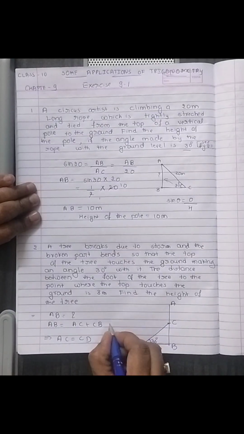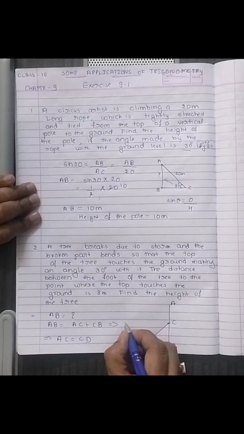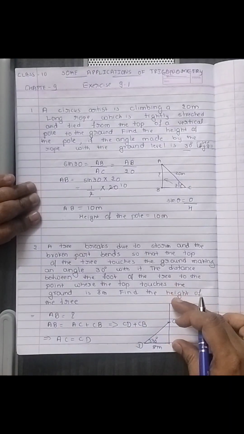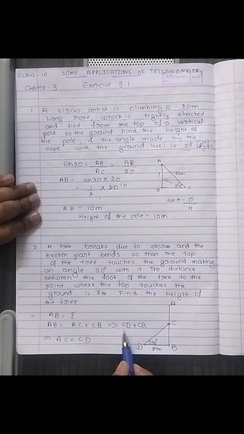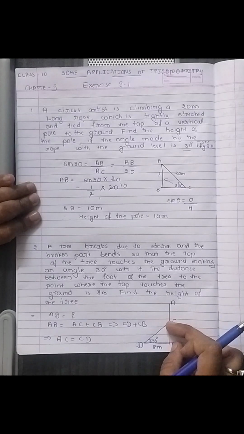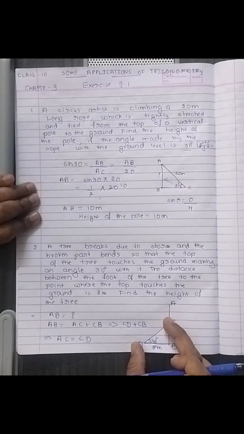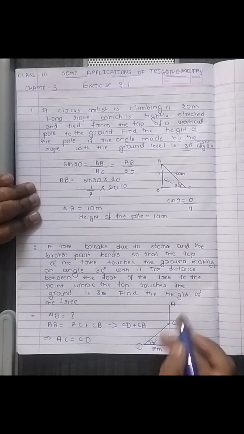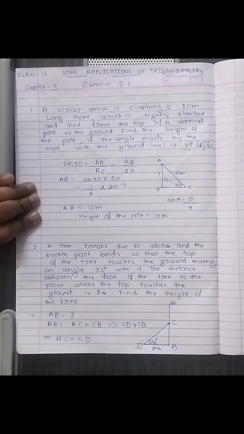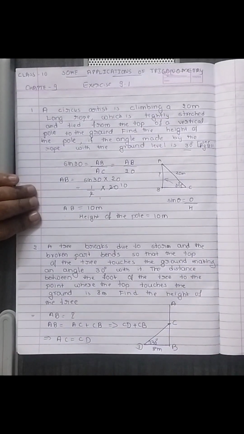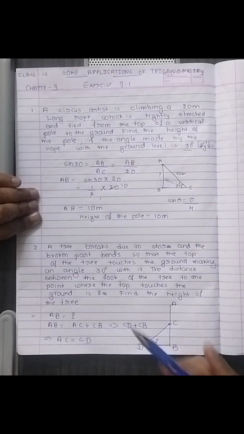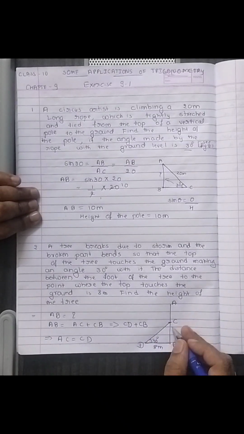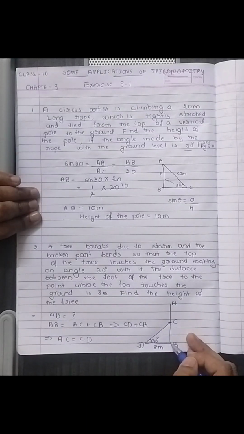So we can replace AC with CD, and the height of the tree AB is CD plus CB. This is because CD is nothing but the broken part of the tree touching the ground. So to find the height of the tree, we need CD as well as CB.